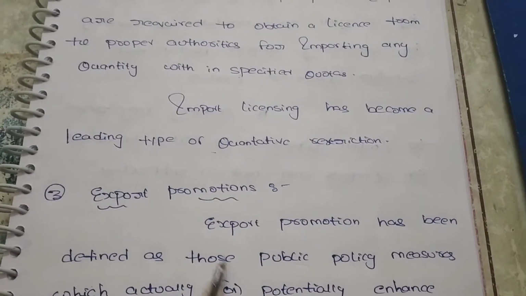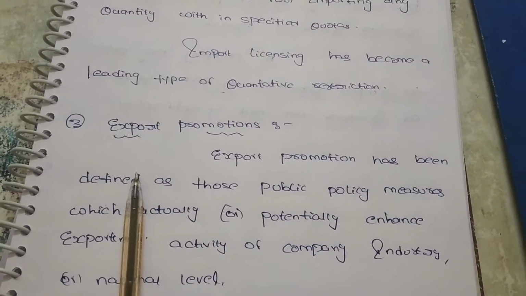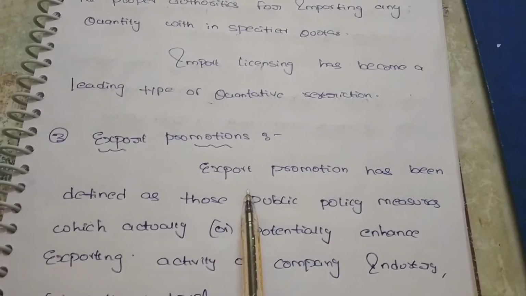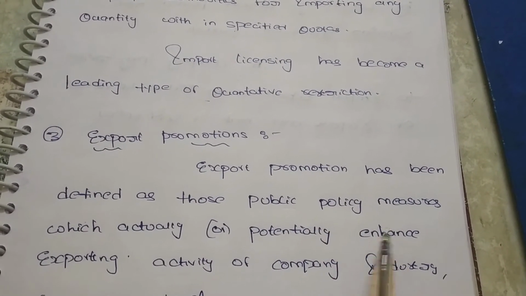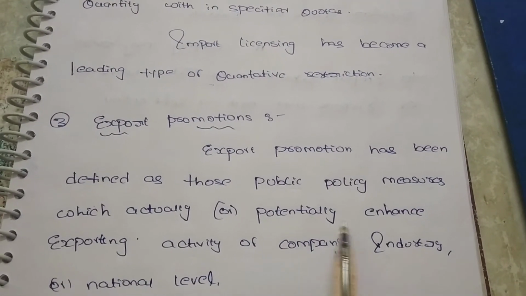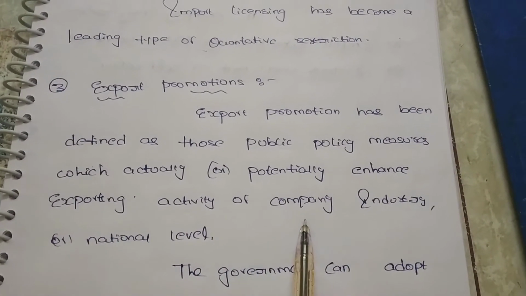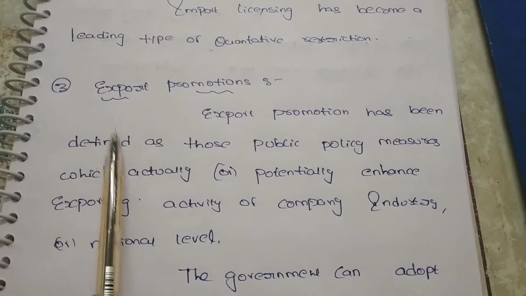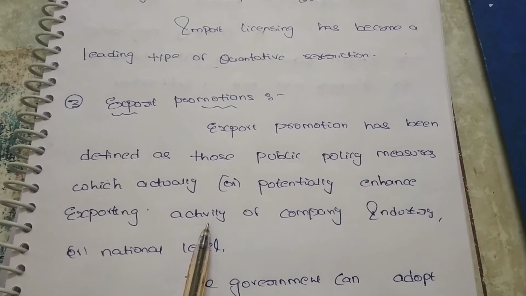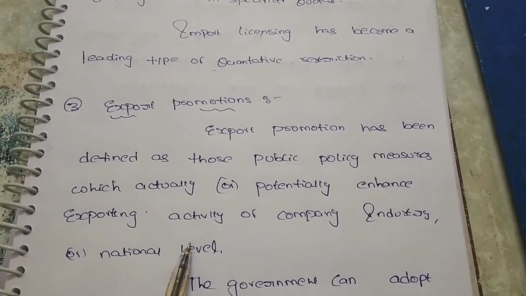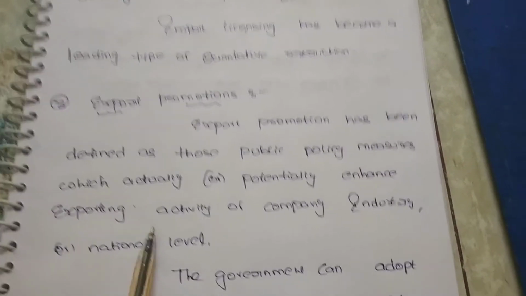Now export promotion. The third step is export promotion. In non-monetary measures, export promotion has been defined as the public policy measures which potentially enhance the exporting activity of a company, industries or national level. Export promotion at industry and national level, they have to promote our exports based on the policies and principles followed by the government.